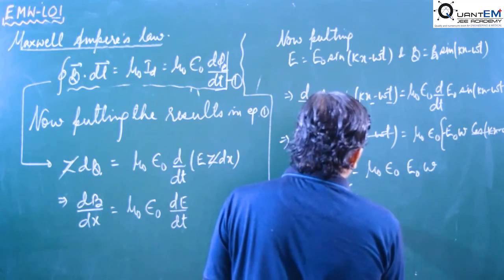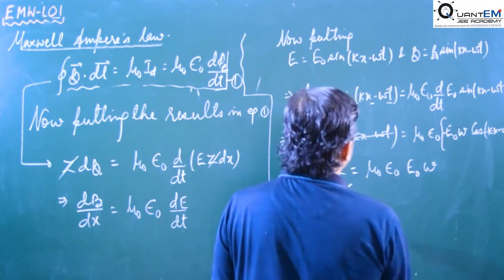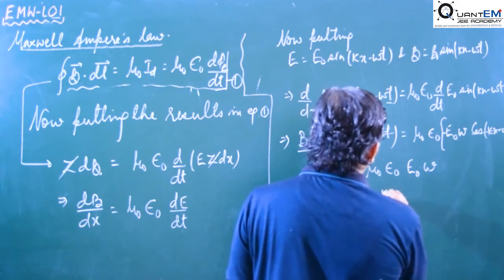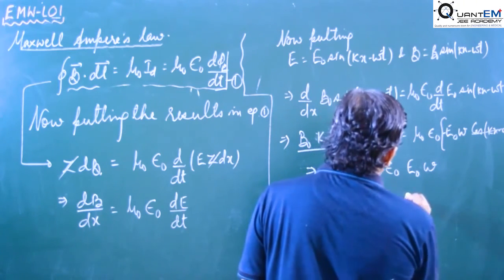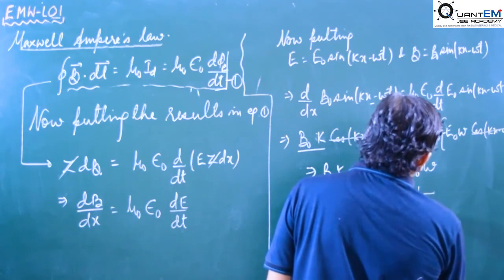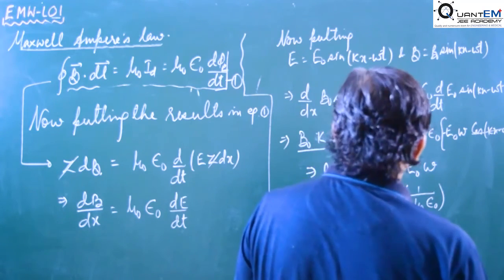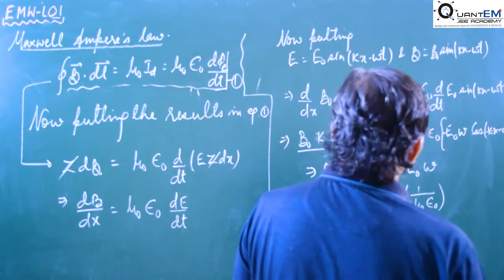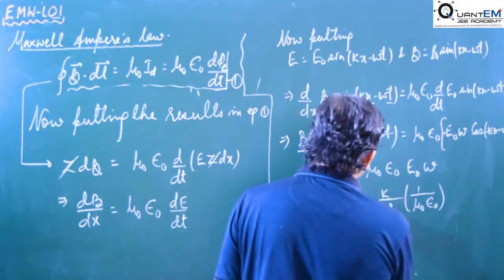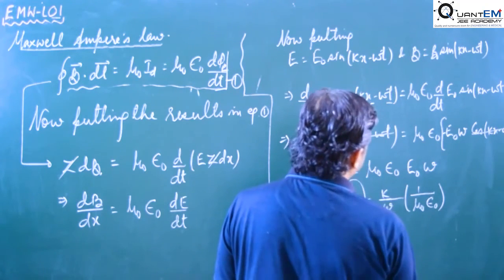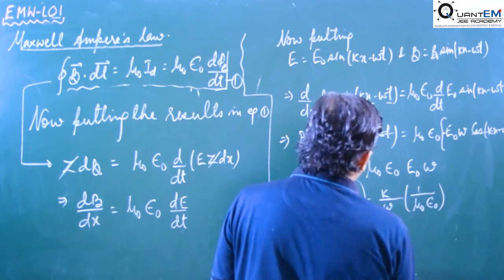Or E naught by B naught, that is equal to k by omega times 1 by mu naught epsilon naught. And you know that E naught by B naught is called the speed of light, c.